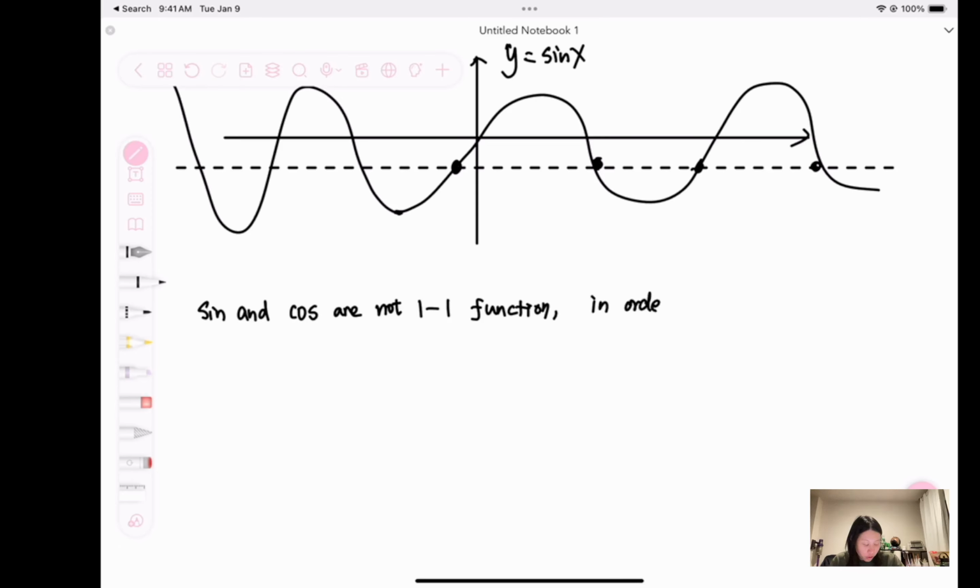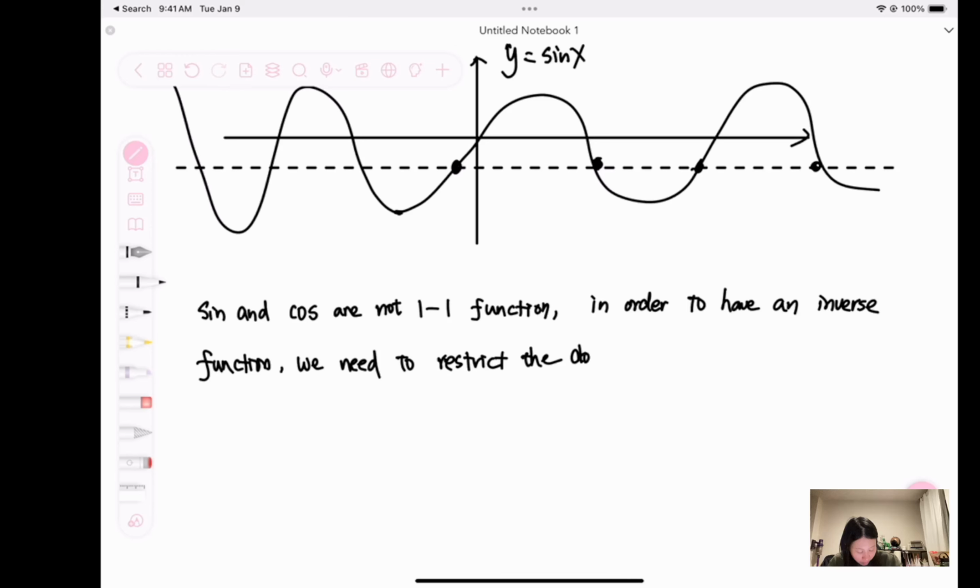In order to have an inverse function, we need to restrict the domain. So now, let's assume that the domain is restricted.